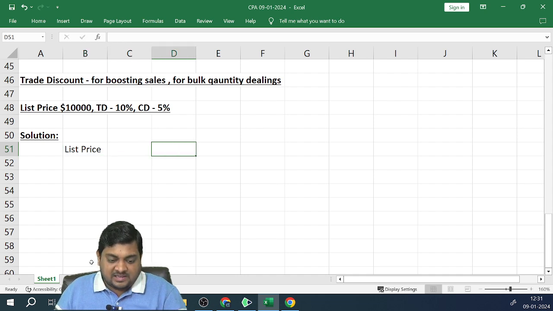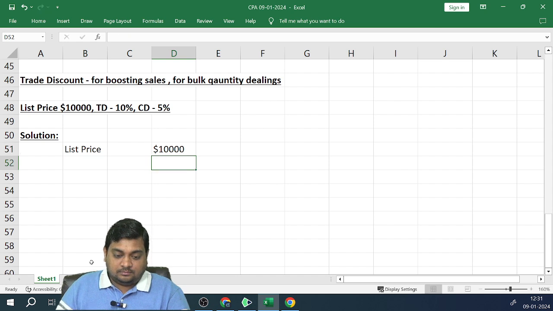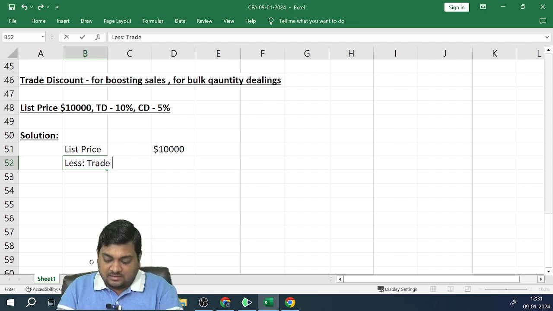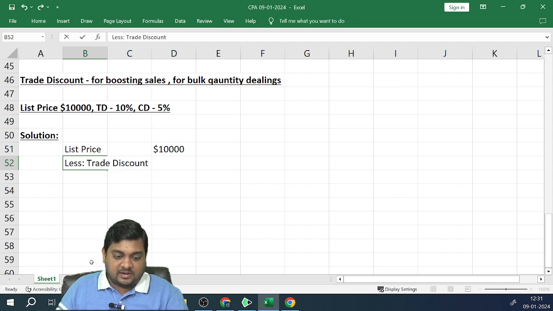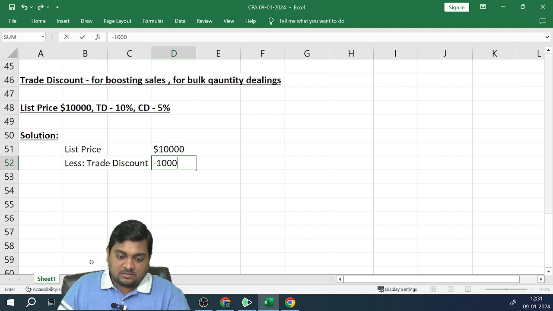So list price less trade discount is minus 1,000.